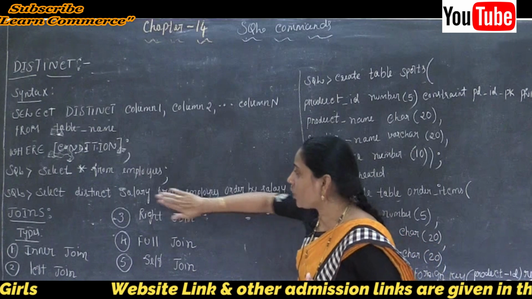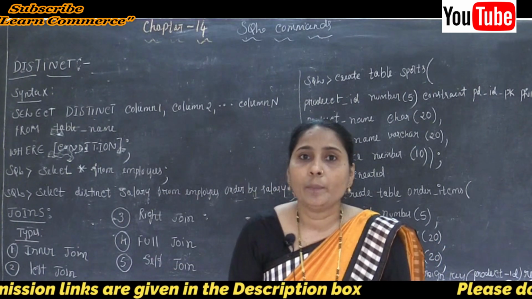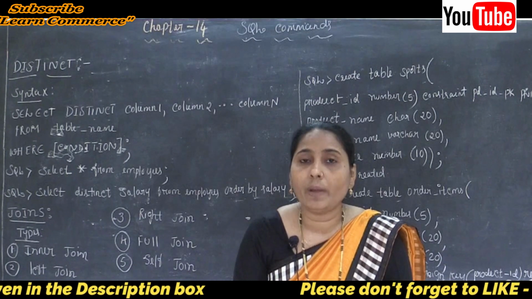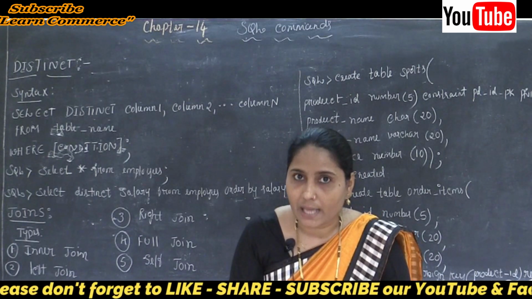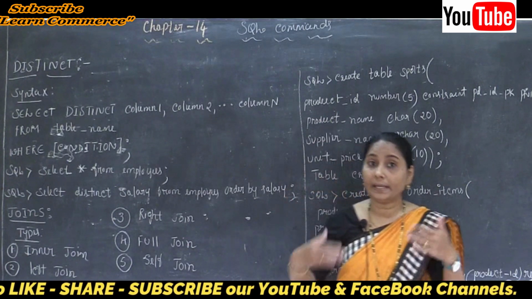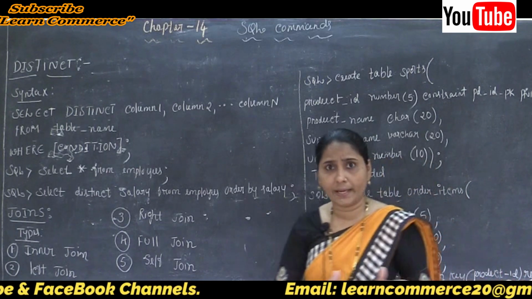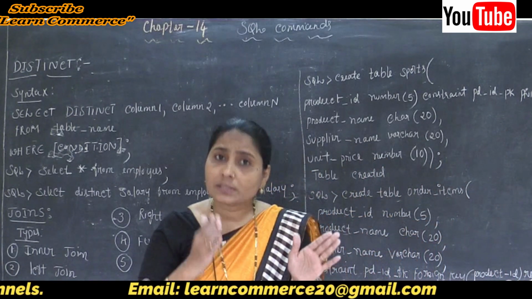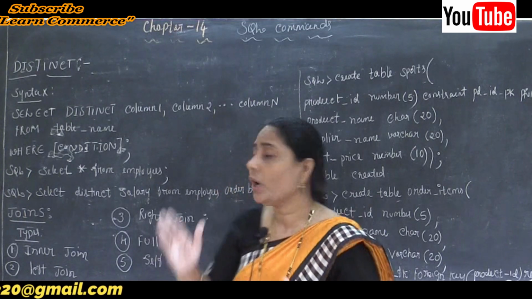And what is the use of DISTINCT? To eliminate all the duplicate records. If in the employees table the column salary has a value repeated many times, such a value is going to be eliminated.